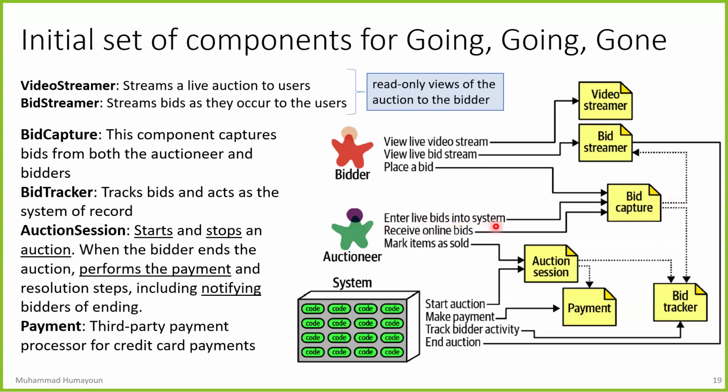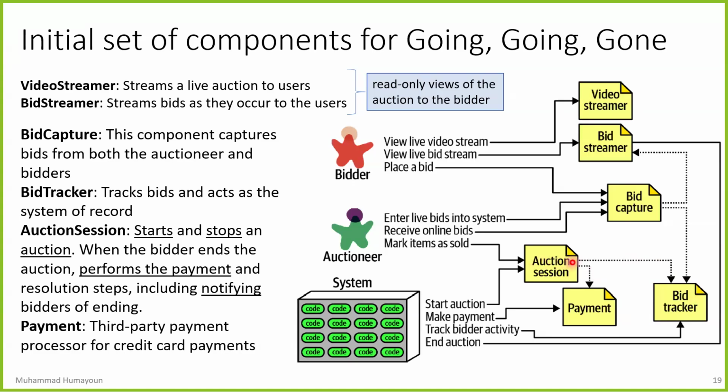Enter live bids into system: this live bid can also be placed in the same component where a person will later place a bid. Mark item as sold can go to something called auction session. Start auction can also be there. Then track bidder activity could be a bid tracker.